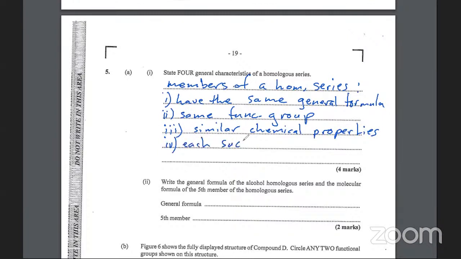Each successive member differs by CH2. Those are 4 properties.